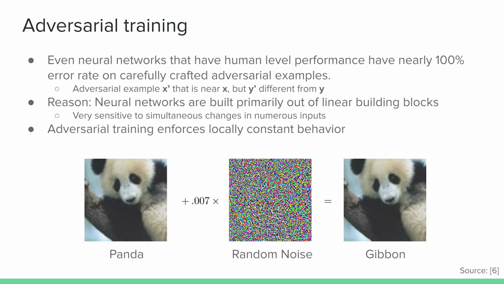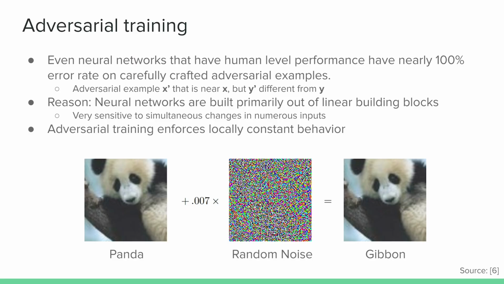And the reason why this is happening is because most neural networks are built primarily out of linear building blocks. And those linear building blocks are very sensitive to simultaneous changes in numerous inputs.